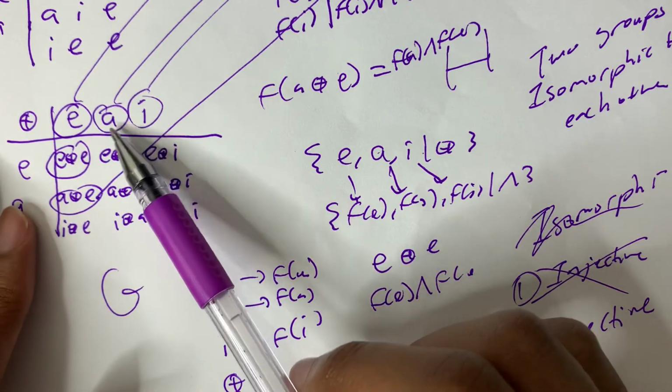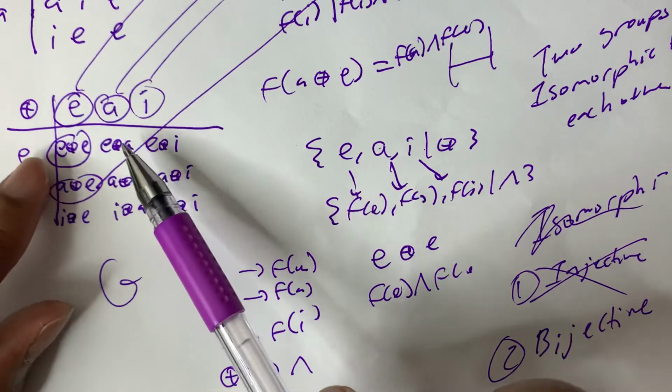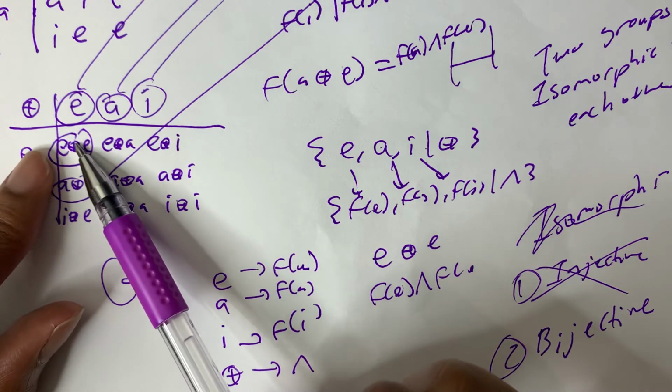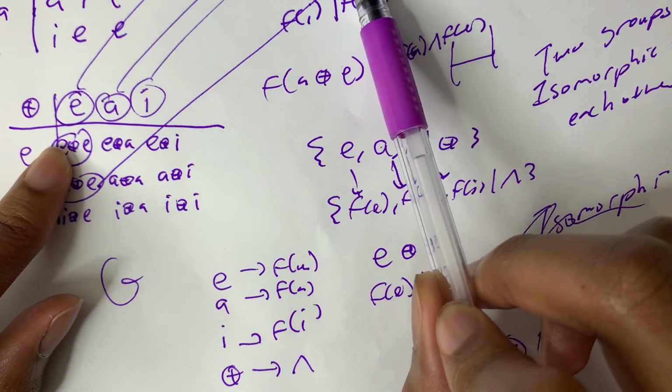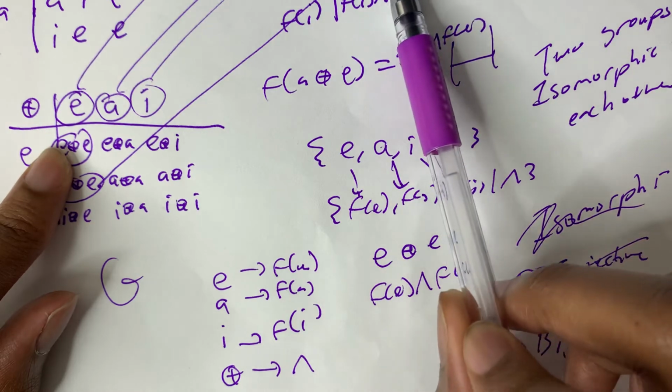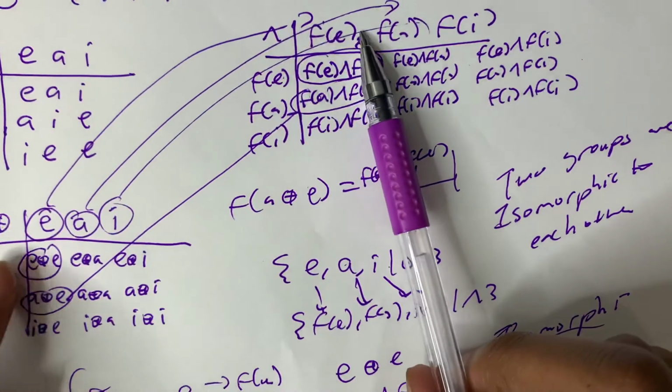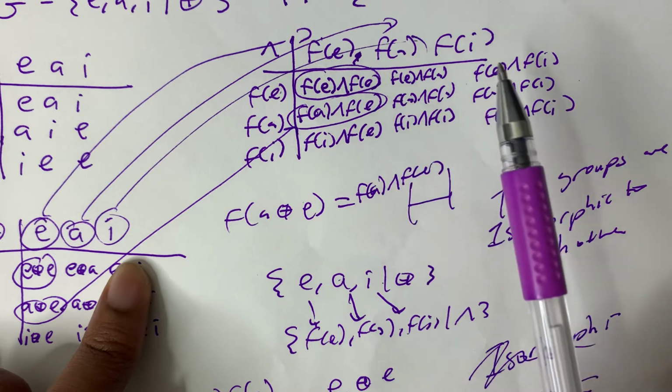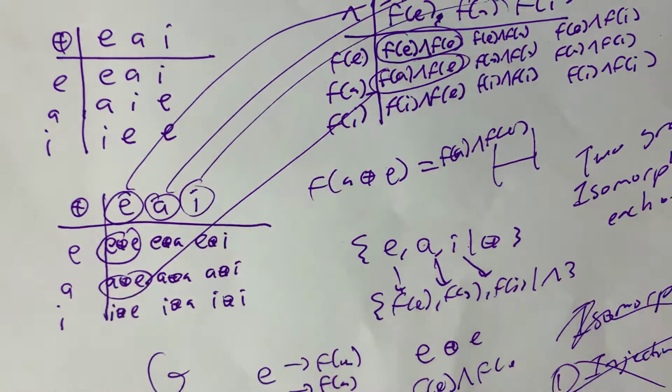There should be a function that sends E operated with I to F of E, wedge F of I, and bijective functions don't care about how operations work. They only care about assigning the symbols of some group to the other group. But caring about symbols is only half of the picture. We also want to capture operations.